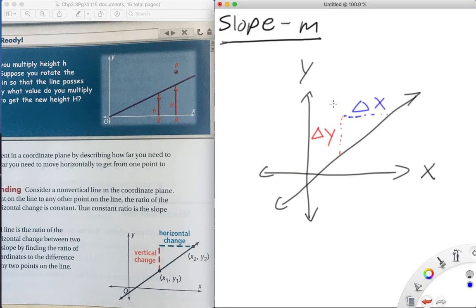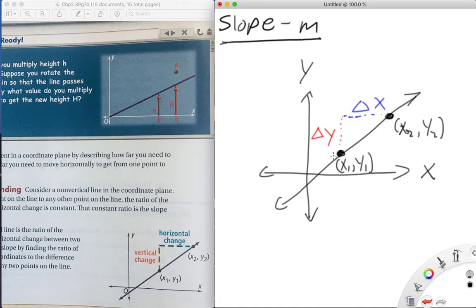So this line is moving up vertically from one point to the next. This is from the first point to the second point. We would call this x1, y1, and we would call this x2, y2 for the second ordered pair. As it changes from the first x to the second x, that's the horizontal change, the blue. That goes from y1 to y2, that's the vertical change in y.